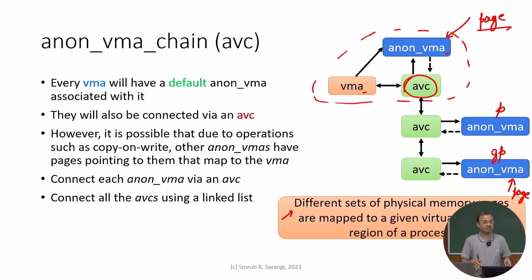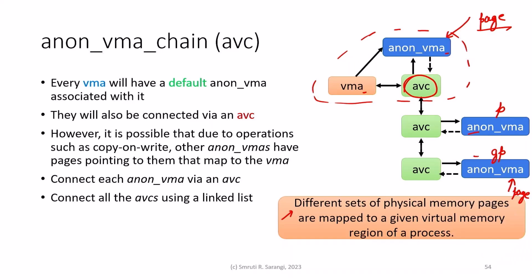So I, as a child, am actually using my grandparent's page. Correct? Very much possible. So all the Anon VMAs are connected to the child's VMA via an AVC. And the reason it's called a chain is very clear: all these AVCs for a single process are arranged as a linked list.